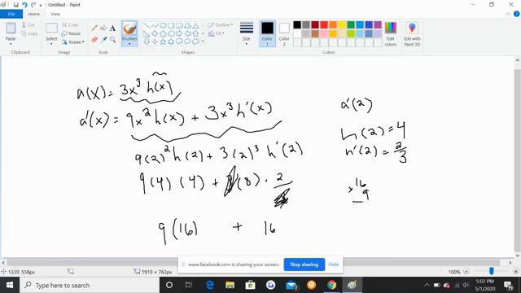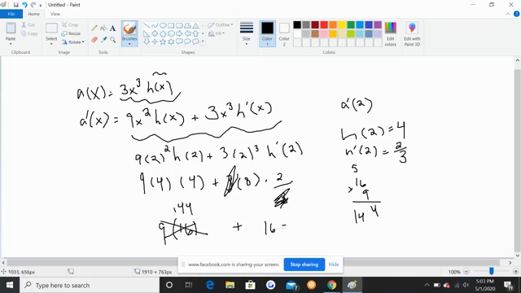Nine times 6 is... It's been a while since I've used no calculator. I think it's 54. Yeah, because 9 times 7 is 63. 54, 9 plus 5 is 14. So this will be 144, plus 16.